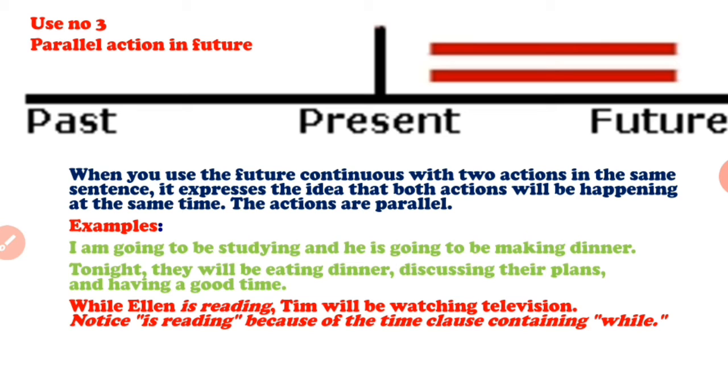Here you can check while, you can say adverb of time, while Alan is reading, Tim will be watching television. Here are two sentences. Here is the time adverbial, that's why we can't use future continuous tense in both sentences. In one sentence we have to use present tense. That's why here is the use of present continuous tense.